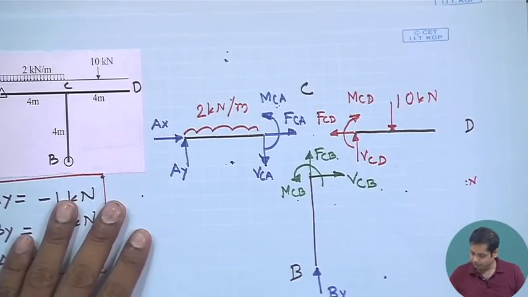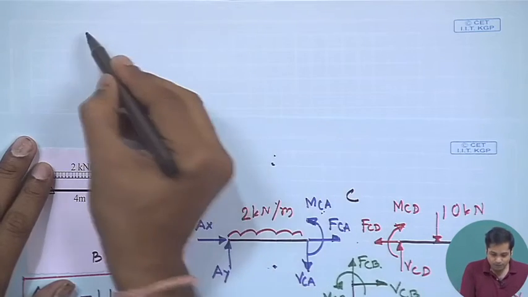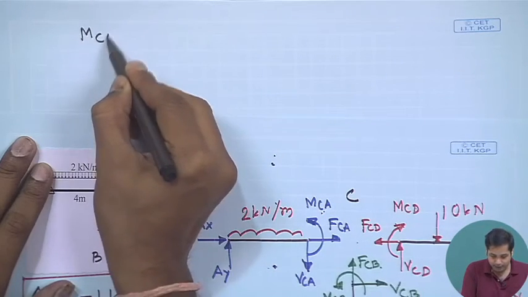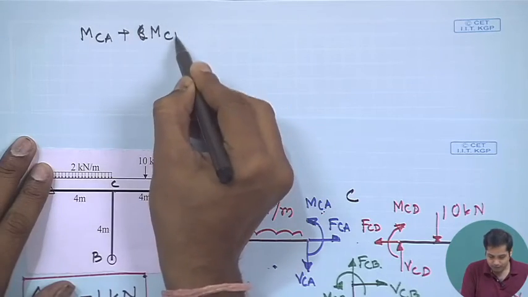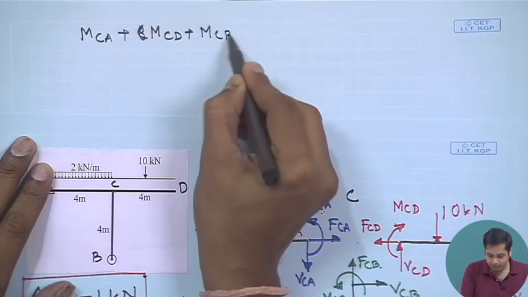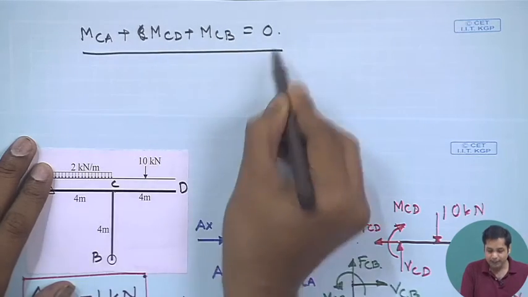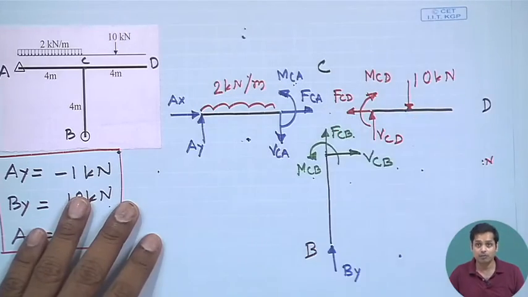So we have MCA plus MCD plus MCB equal to 0. That is the equilibrium condition for point C.